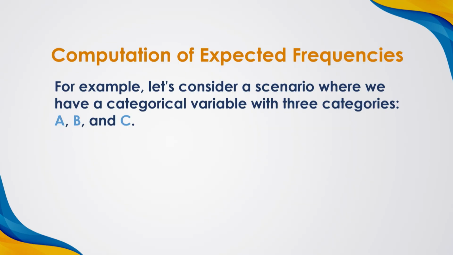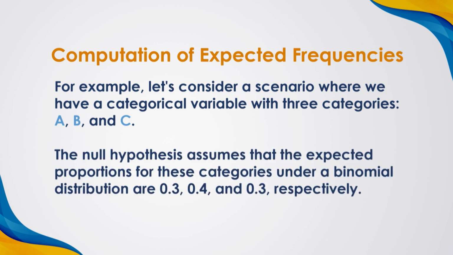For example, let us consider a scenario where we have a categorical variable with three different categories A, B and C. The null hypothesis assumes that the expected proportions for these categories under a binomial distribution are 0.3, 0.4 and 0.3 respectively.